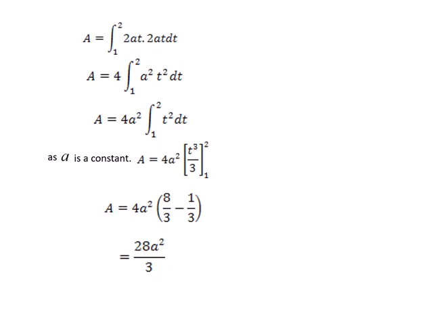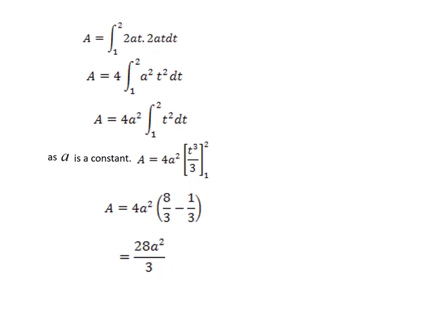So when you substitute the boundary values 2 and 1, anywhere you see t, substitute 2 first. You have 8 over 3, minus, where you see t, substitute 1, which is 1 over 3. Then the answer now is 28a squared all over 3, because by the time you evaluate that, do some mathematics, you get your answer as 28a squared all over 3.